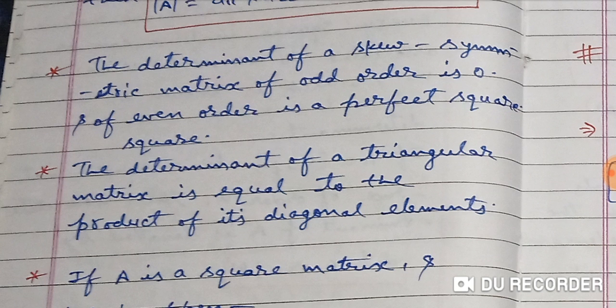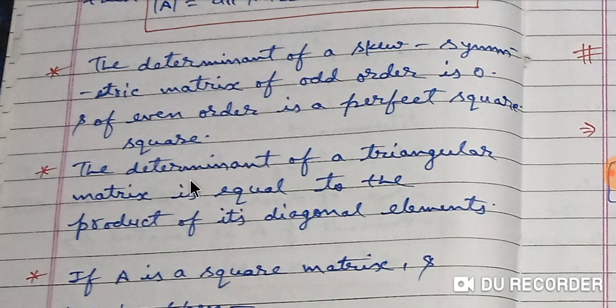Similarly, 100 is also a perfect square, and we can find its square root as 10. So if the skew symmetric matrix is of even order, its determinant will be a perfect square.